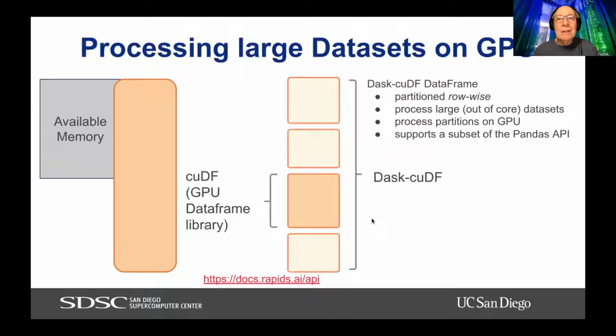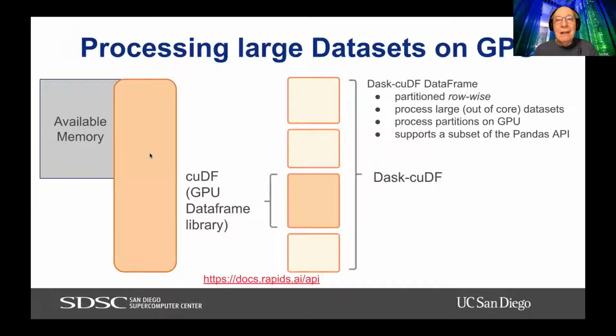Okay, but we can also use GPU. This slide almost looks identical, except instead of Pandas data frame, we use CUDA data frames developed by NVIDIA, and those are GPU-powered data frames. But this has the same problem: as your data sets get larger, they still don't fit into memory.